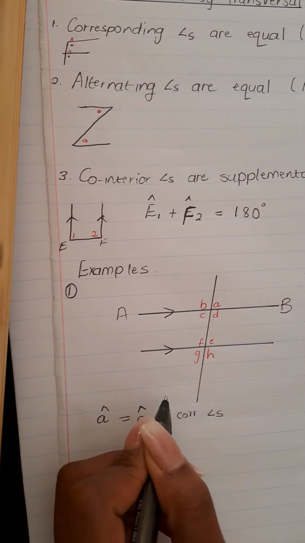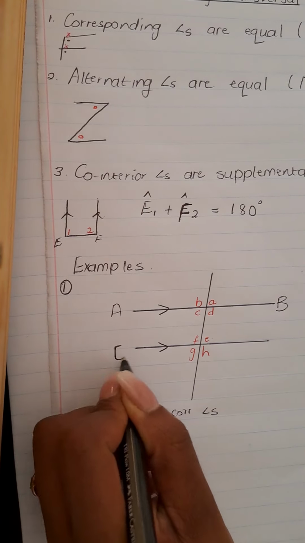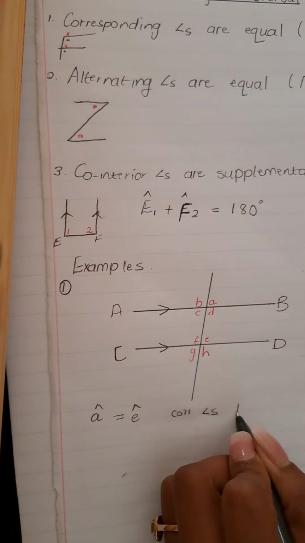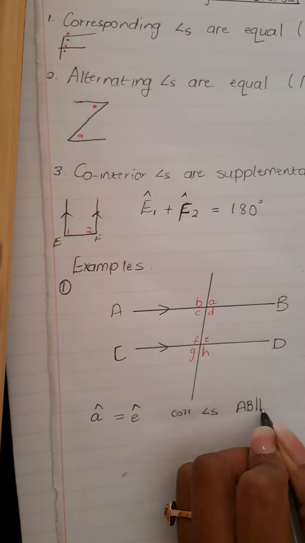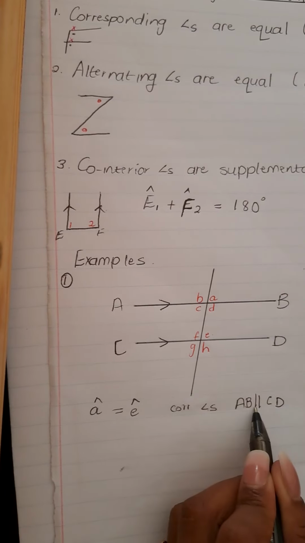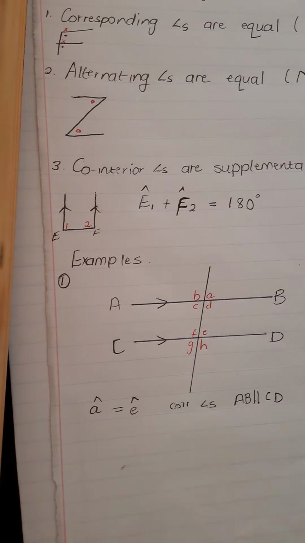So let's say this is line AB, and then this is line CD. So you'll say corresponding angles because AB is parallel to CD. This is the symbol that we use to show that the lines are parallel.